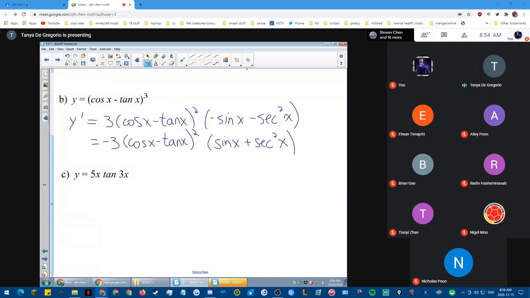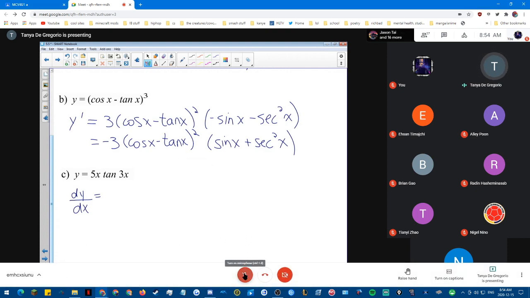Okay, y equals 5 sin x tan 3x. What do I do here? Product rule. Good, it's a product rule. So, who wants to do it? You guys want to try doing it? Somebody I haven't heard from. Who's there that I haven't heard from? Who wants to try doing this? Yes.